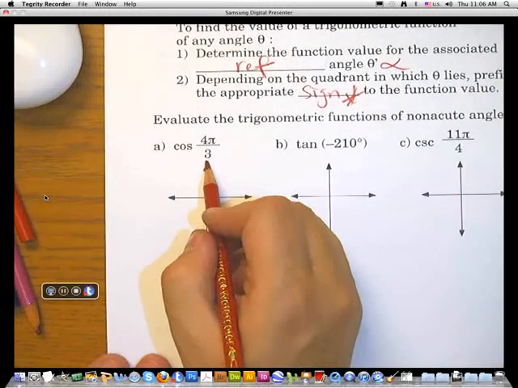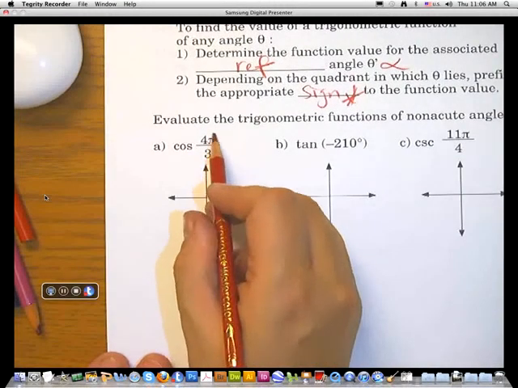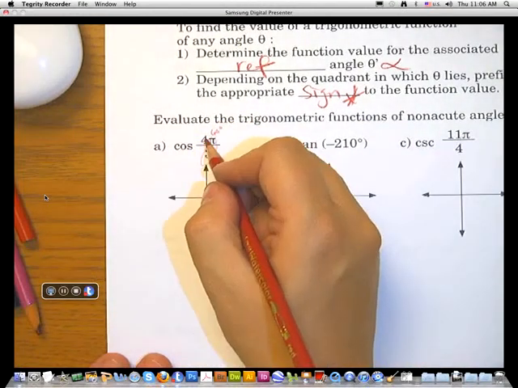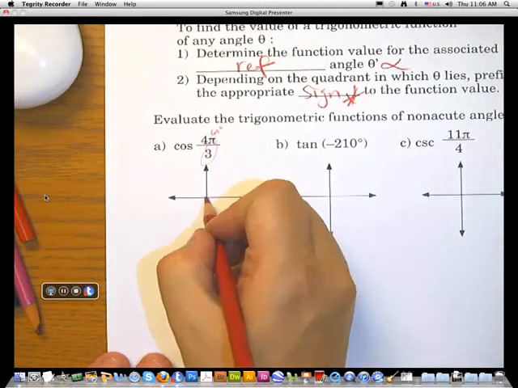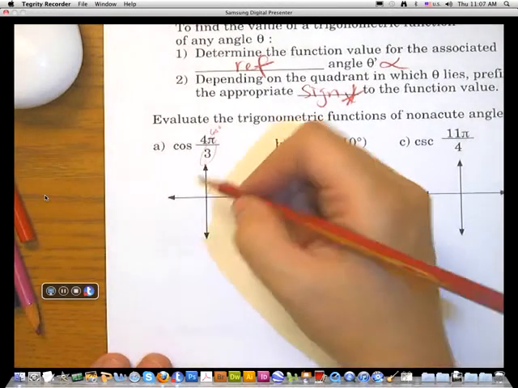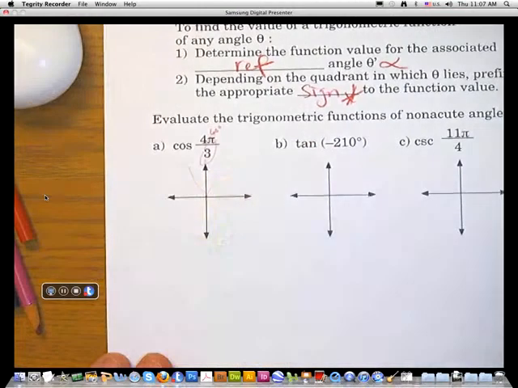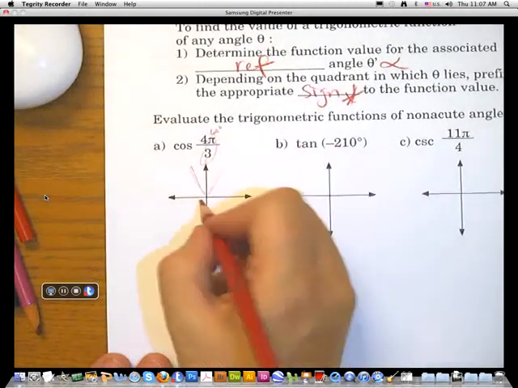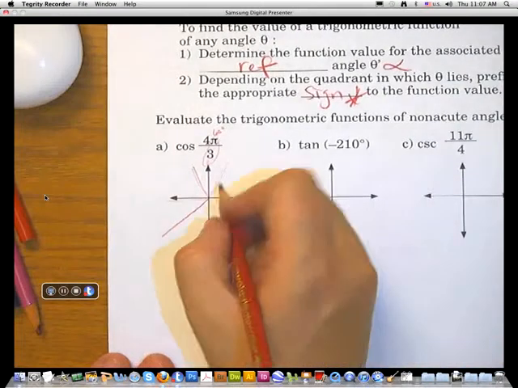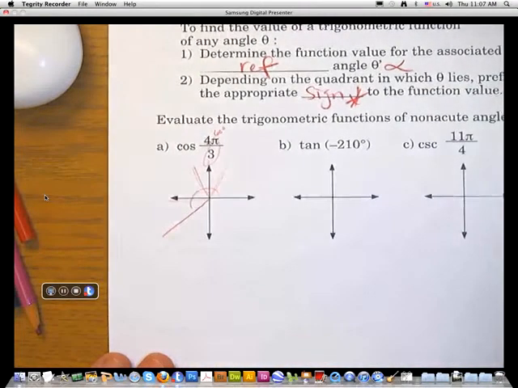So 4 pi over 3. Pi over 3 is 60 degrees. We want 4 of them, which is 240 degrees, or if you count out pi over 3, 2 pi over 3, 3 pi over 3, there's 4 pi over 3. That's 4 pi over 3.